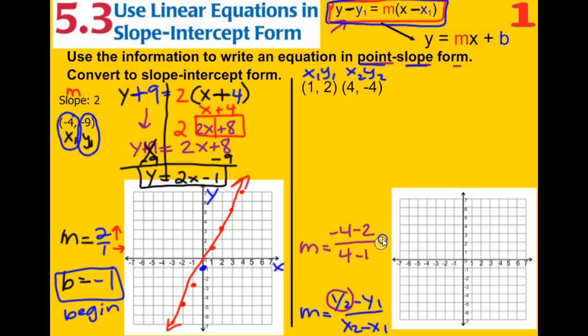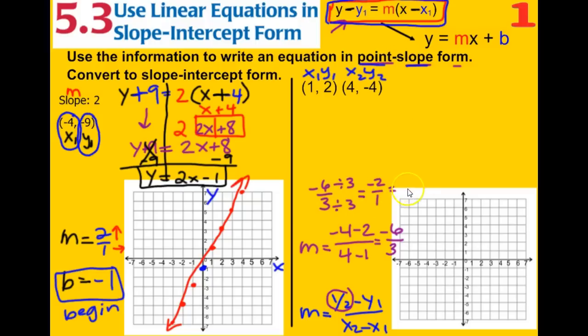So we're going to simplify. Negative 4 minus 2, they're all negative, so it's a negative 6. And then 4 minus 1 is 3. So we have negative 6 over 3, which is really, if we divide by 3, negative 2 over 1.